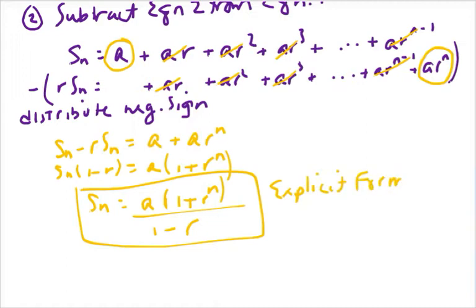There's only a couple of sequences that this pops out for. Alright, so that's the explicit formula. Now we're going to take the limit. I'm going to pause there for a minute.